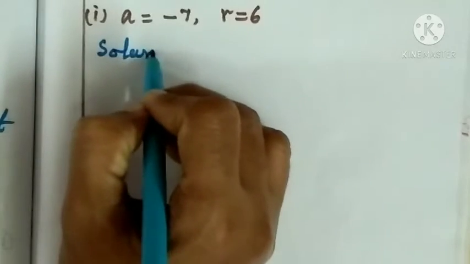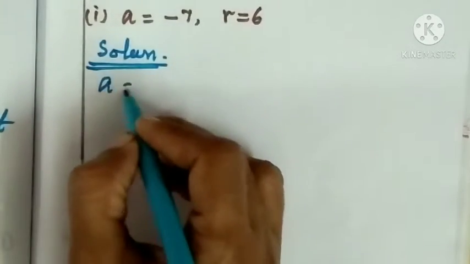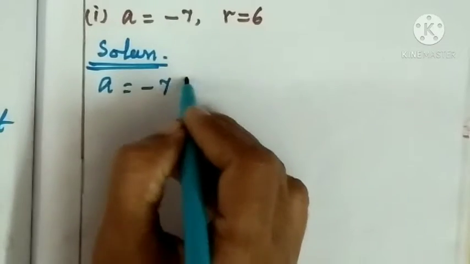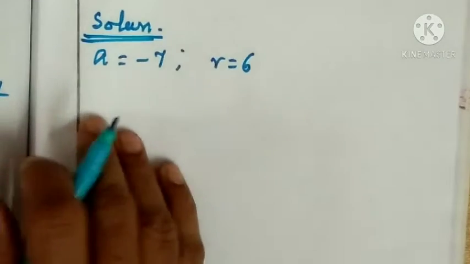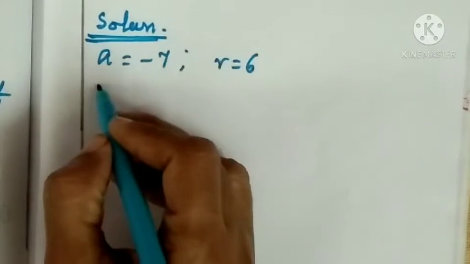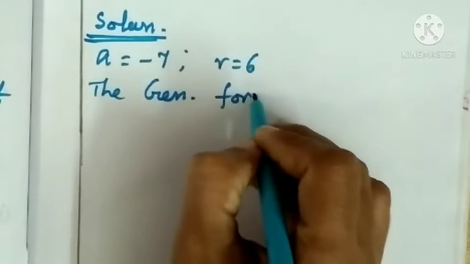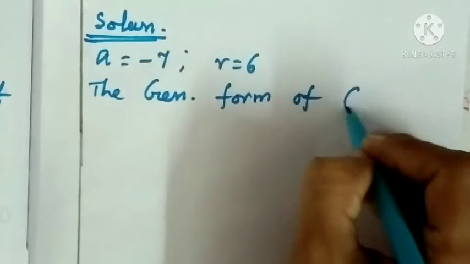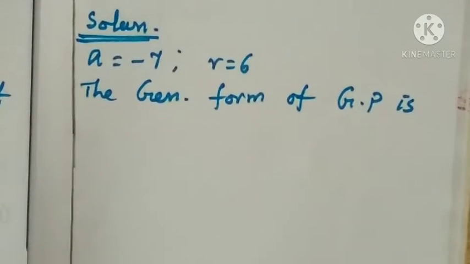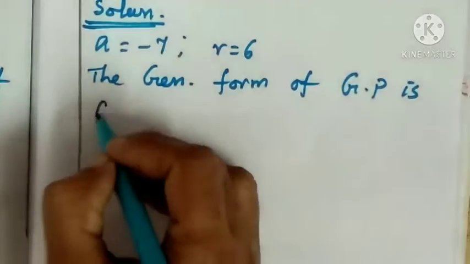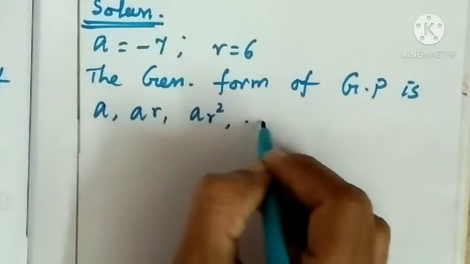In solution, first you take down and write the given first term. a is equal to -7 and r is equal to 6. Here we need to find the geometric progression. The general form of GP is a, ar, ar squared and so on.